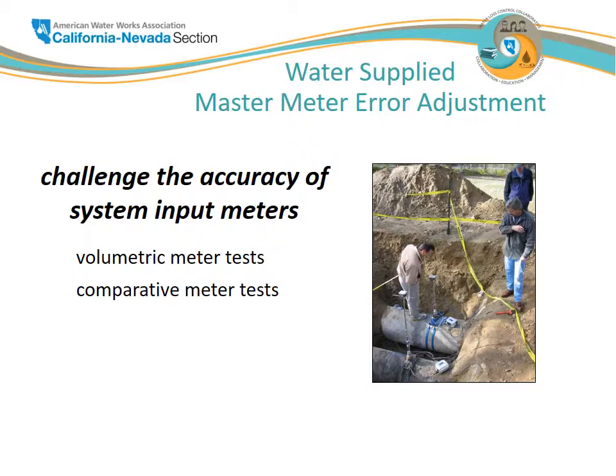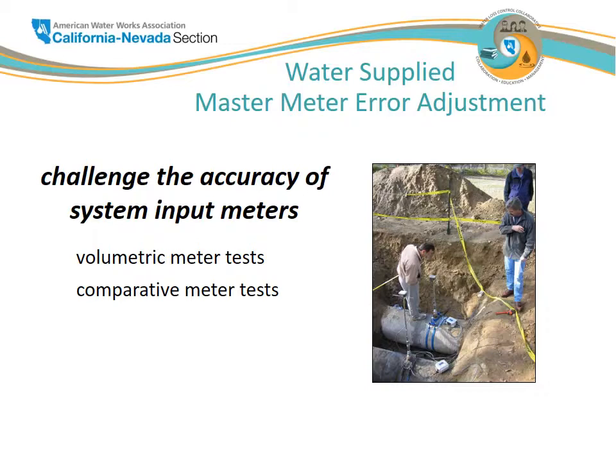Generally speaking, whether you know the specific error of a meter or not, we want to encourage you to evaluate the data quality from these meters, to get your eyes on the meters and understand whether they're set up to read well. There are a couple different ways that you can actually test a meter's accuracy. The first way is to do a thorough volumetric test, where you're passing a known volume through the body of the meter.